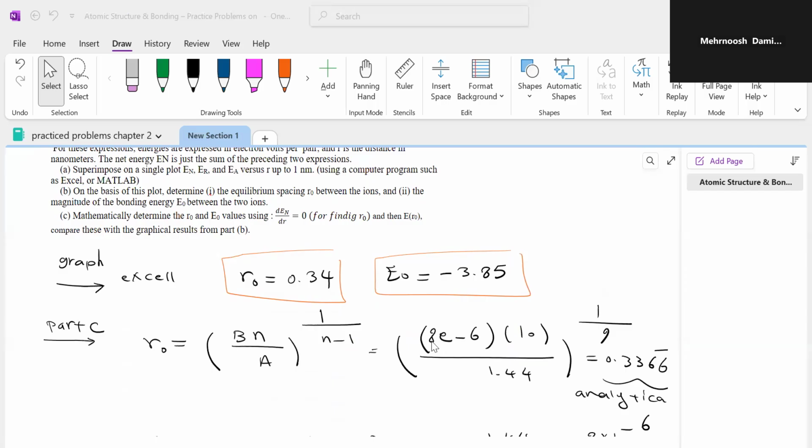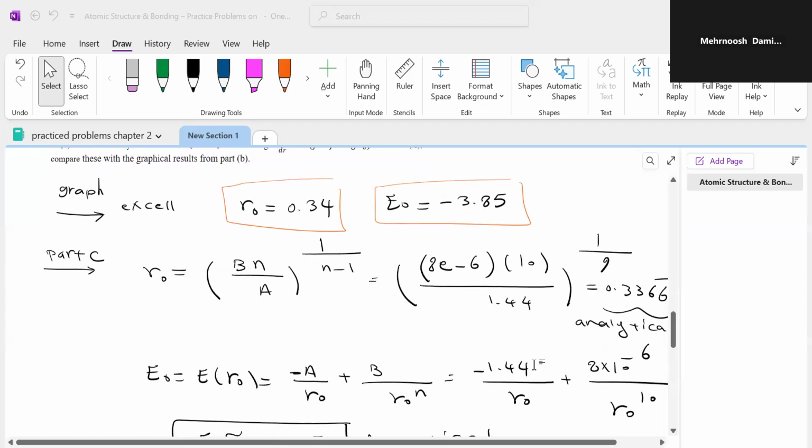Okay, substitute 8E minus 6 times 10, divided by 1.44, to the 1 per 9. Substitute that, we find 0.3366. It is the analytical R naught, or equilibrium distance.